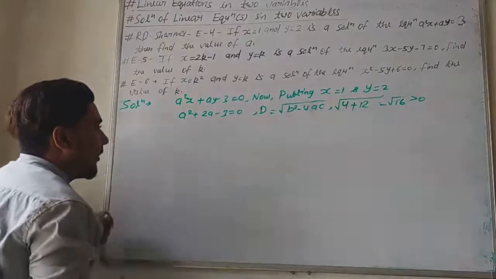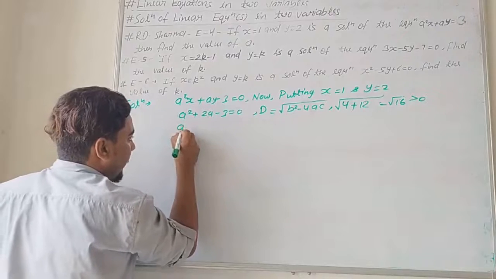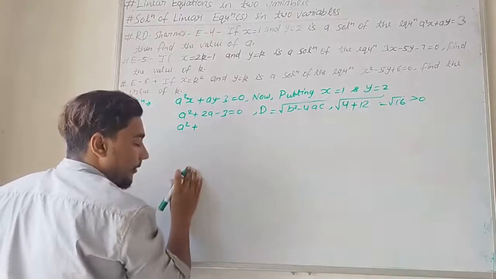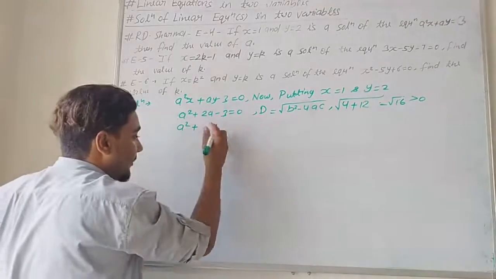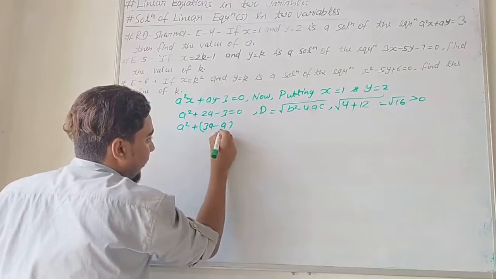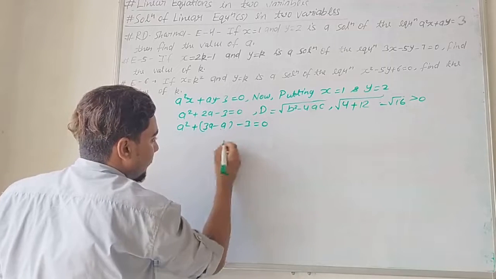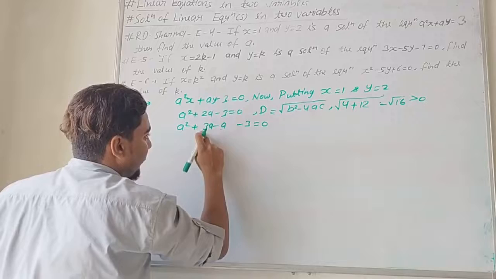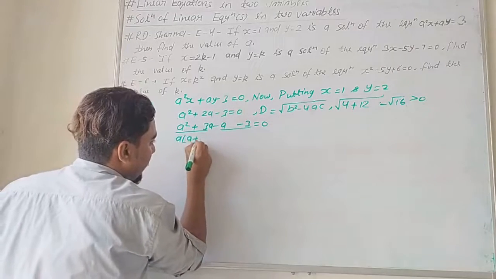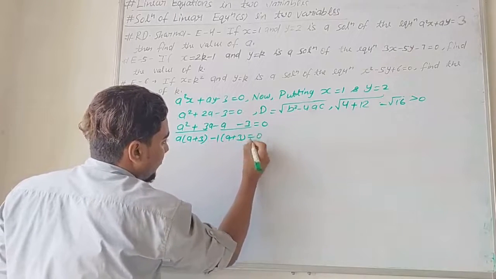Now it is factorizable and we can do factors easily, and we have to take minus. So 1 into -3, how do we do factors? 1 into -3 is -3. Then 3a minus a, 3 minus 1 is 2, 3 into -1 is -3, equal to 0, and we take common. a is common, a plus 3 is here, -1 is common, a plus 3 equal to 0.